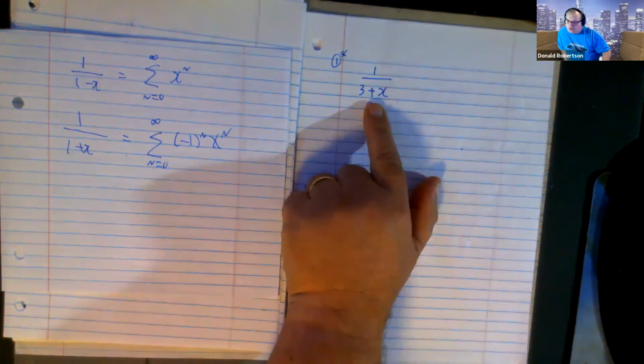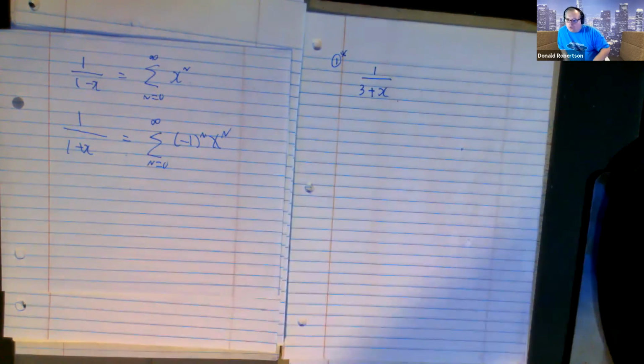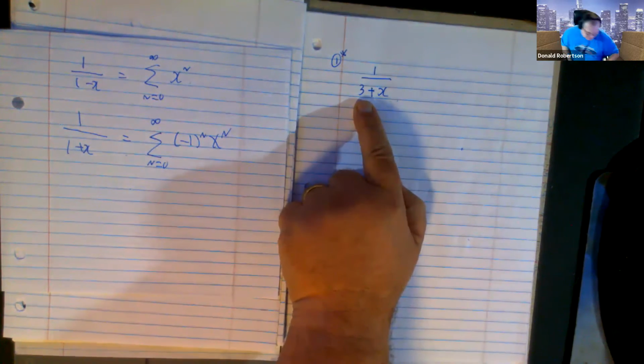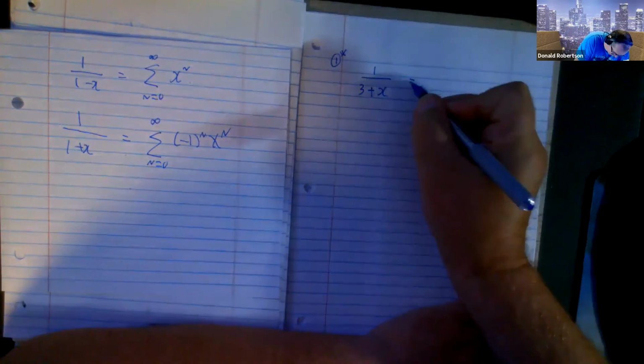This thing has got to look like a 1 over 1 plus so many x's, right? That's it, right? 1 over 1 plus and then an x thing. And right now it's 1 over 3 plus an x. I guess the x is nice, but that's not what I want. Don't you need to have a 1 here? That means you're going to have to do some weird algebra.